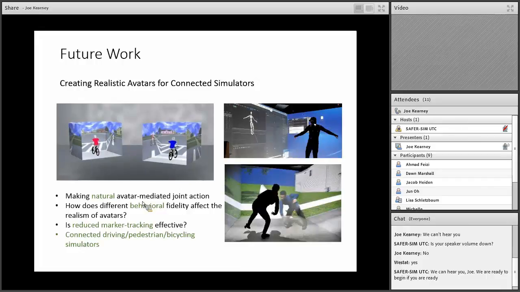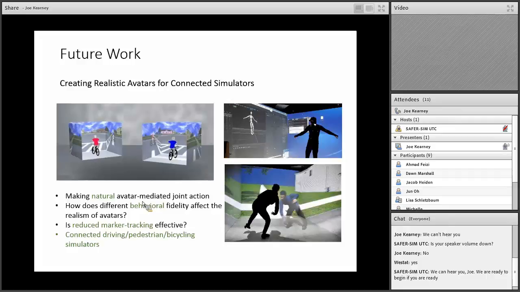Tracking whole bodies is a challenge, even with very controlled environments. It's a particular challenge in a simulation like this because once you get close to the screens, it's very hard to get cameras placed where they can see the markers. So one of the things we're looking at is can we use reduced marker tracking, have a small number of markers that track, say, the head, hands, and feet, and then use inverse kinematics to fill in the rest of the joints?